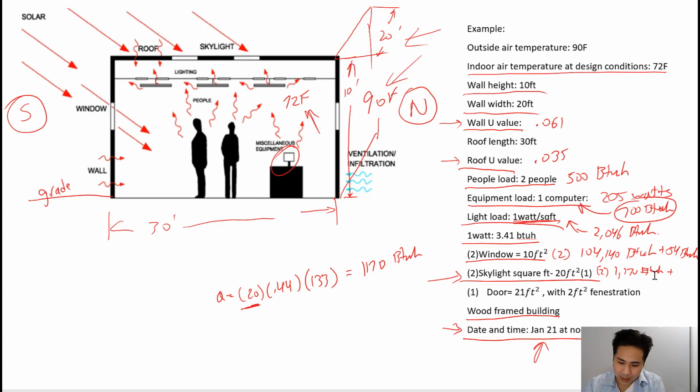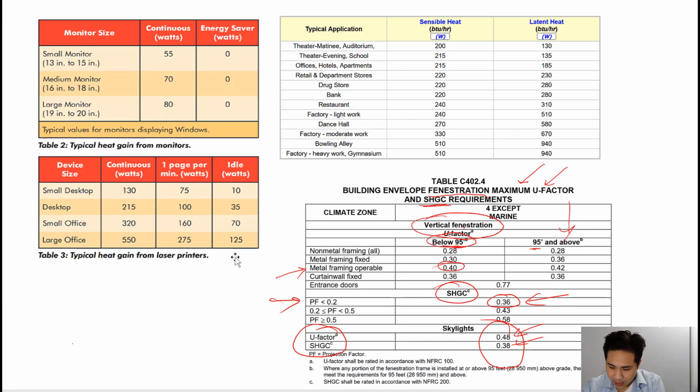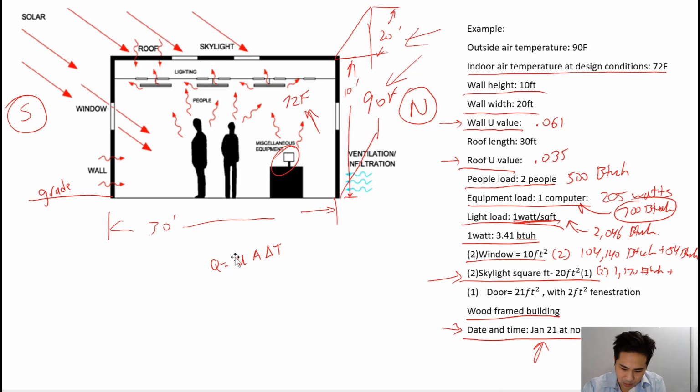And we also have to add the conduction heat transfer through the skylight. So the formula for conduction again is Q is equal to U A delta T, where U is the value that is allowed per energy code right here. The 0.48, that's the maximum U value, so we're going to use that.